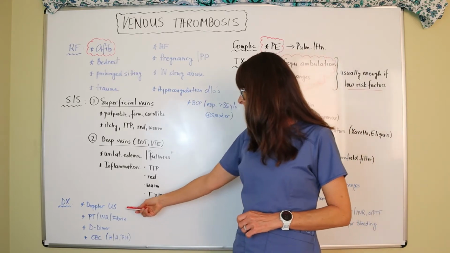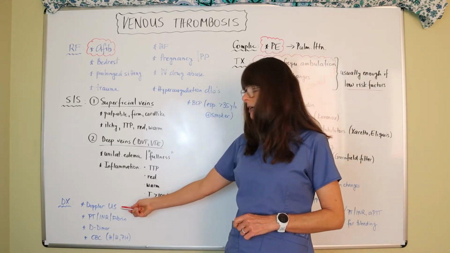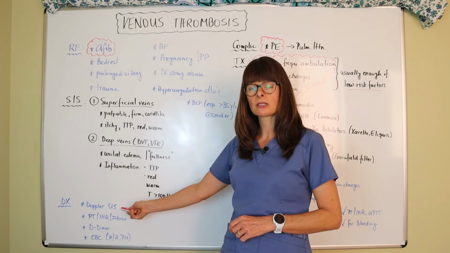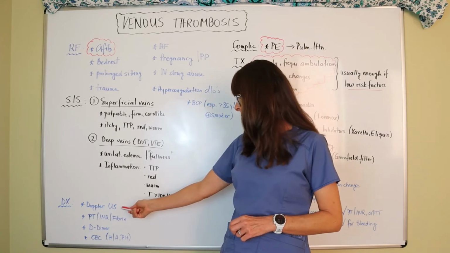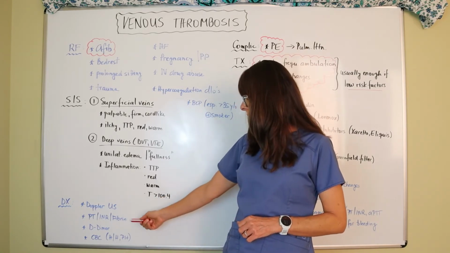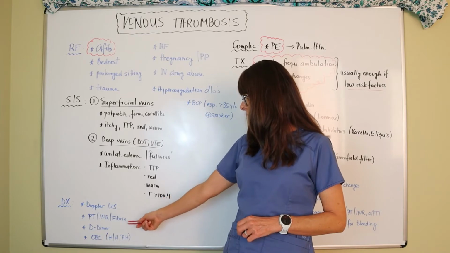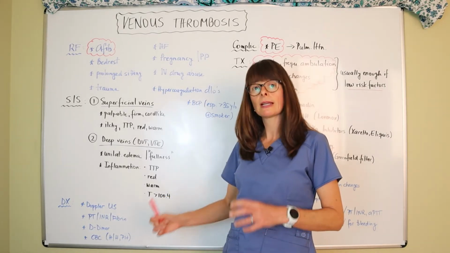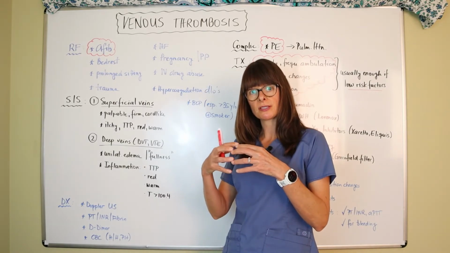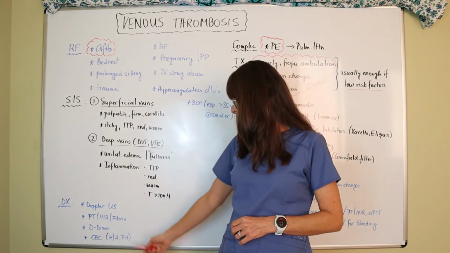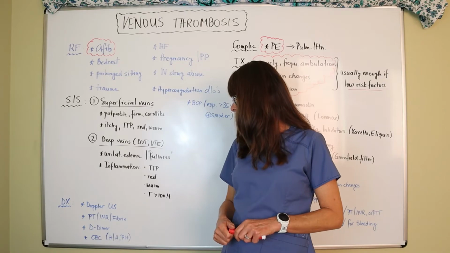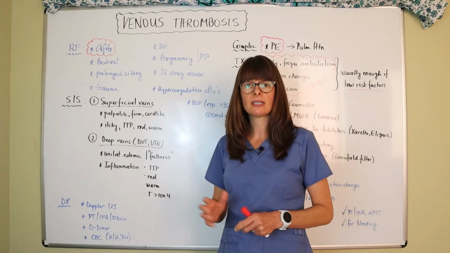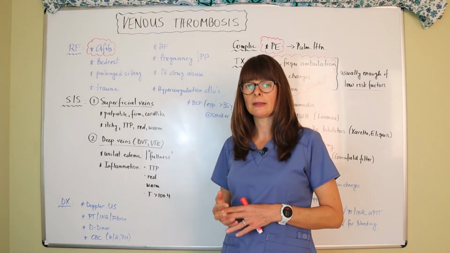Diagnostic tests: Doppler ultrasound is usually the standard if we suspect that there's a thrombus in the lower extremities. We certainly also want to check the patient's coagulation time, so their PT, INR, and then also their fibrin levels, because we know fibrin causes the clot in the first place. D-dimer is a very good test to see if there's any clotting going on in the body.